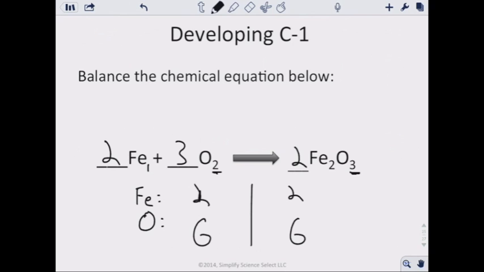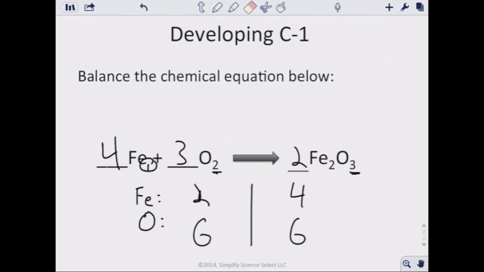But remember, what did I do here? By putting a 2 in front, I also changed the number of irons. That means I don't have 2 irons over here. I have 4, because 2 times 2 is 4. Well, I have to balance it out over here. What times 1 will equal 4? Well, just put a 4 right there.